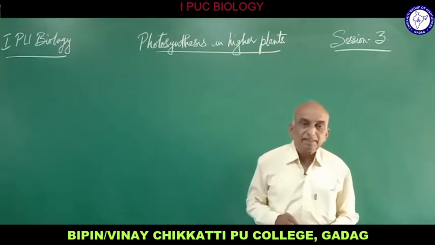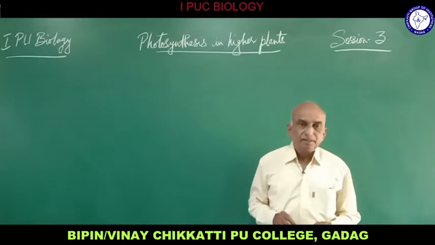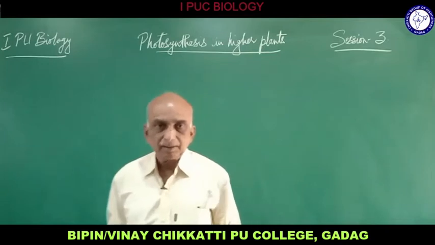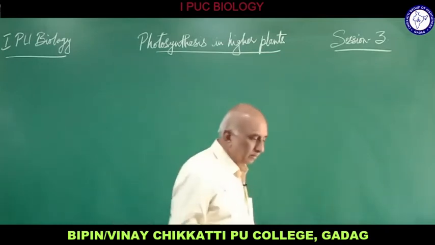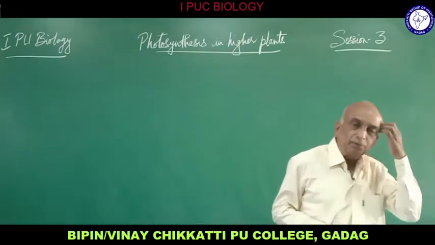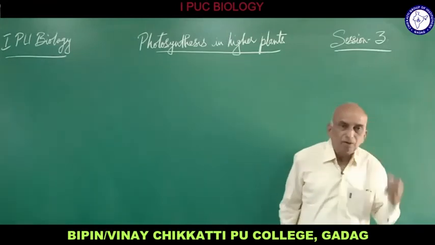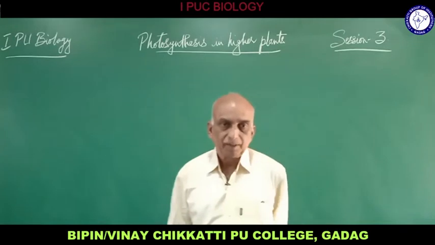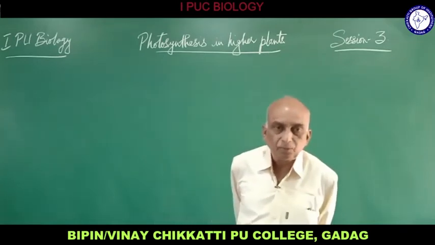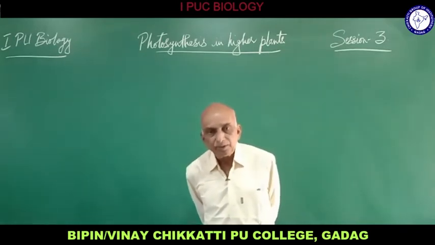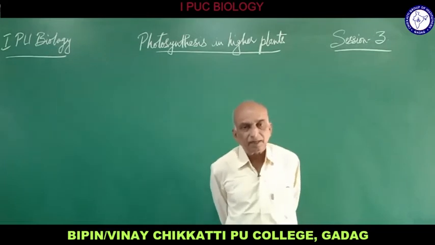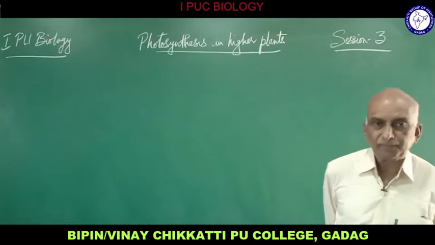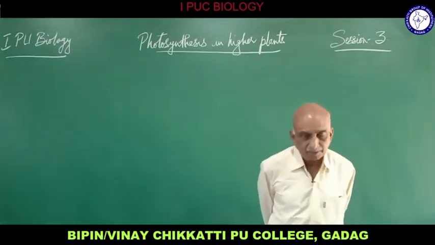Now simultaneously, a small event occurs in this process, that is photolysis of water, which is also called photoionization of water, where the water splits into hydrogen and hydroxyl ions. So hydroxyl and hydrogen ions are formed, that means protons are formed.